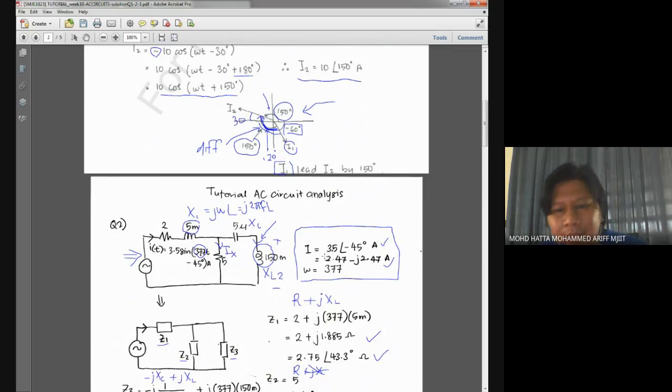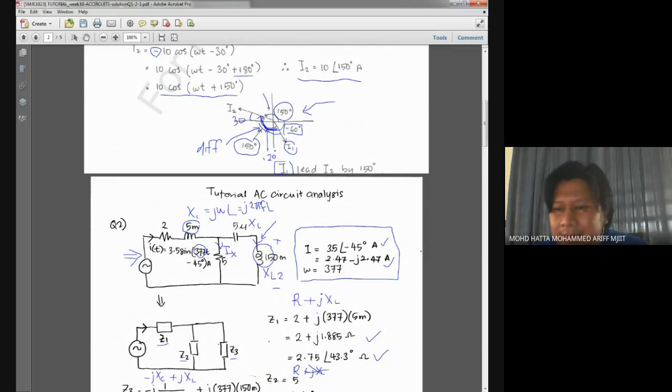You need to really calculate the quantities that are in the solution, because maybe you think that this is quite easy, but believe me, during your assessment or test or final exam, you will find it very hard because you don't have any practice before this. So the moral of the story is to practice. Practice makes perfect, I believe. Okay.